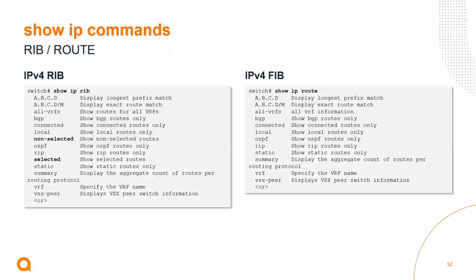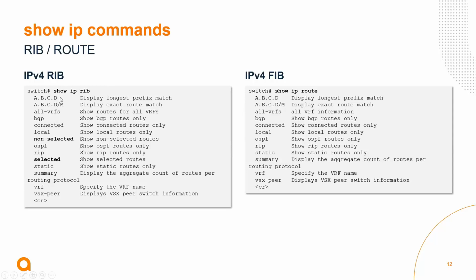So let's consider that new command, show IP RIB. You will see it's extremely similar to the show IP route. There are only two new options, which is what I was mentioning: selected and non-selected. With the keyword selected, the show IP RIB will be equal to a show IP route.